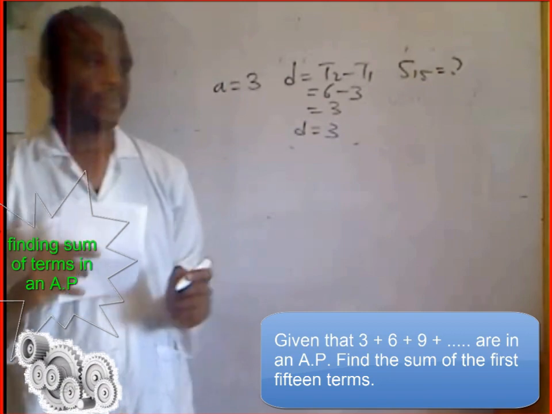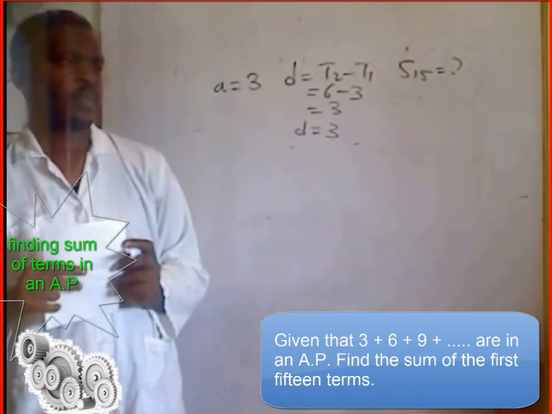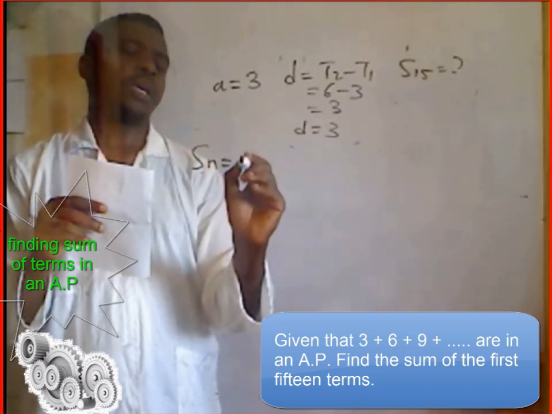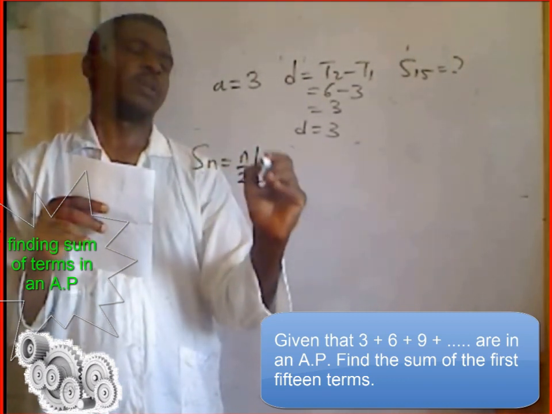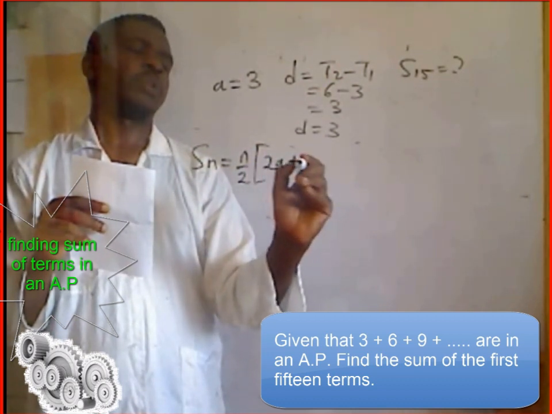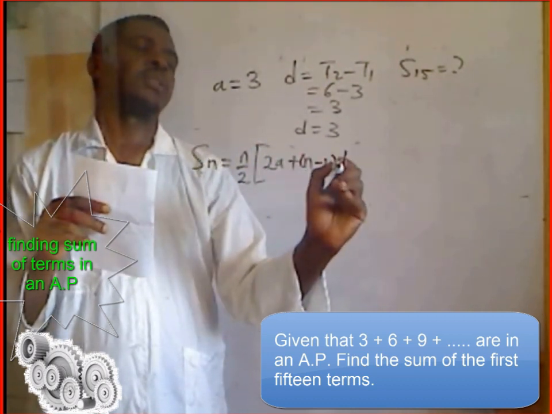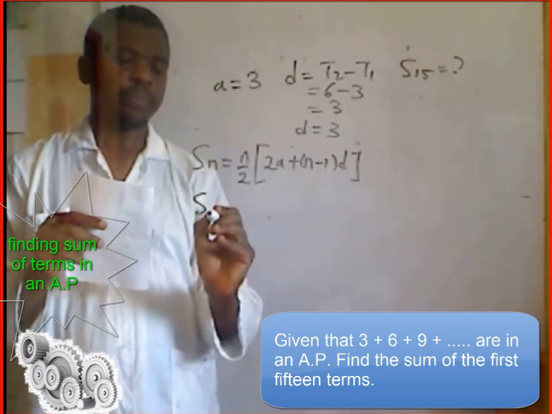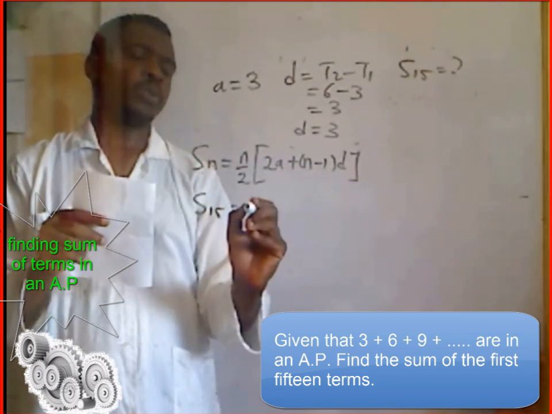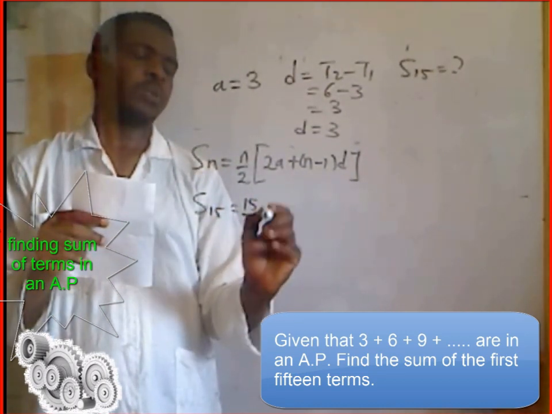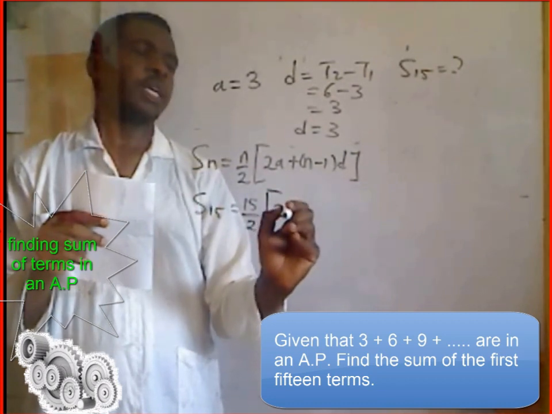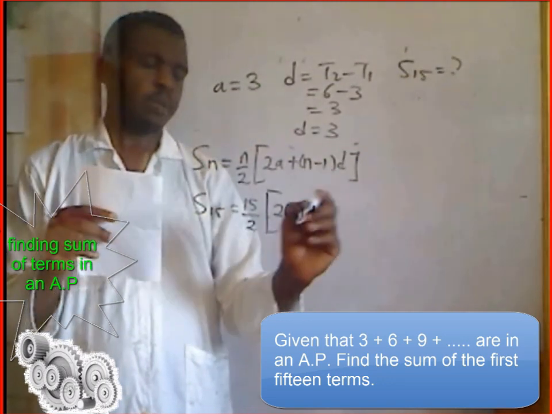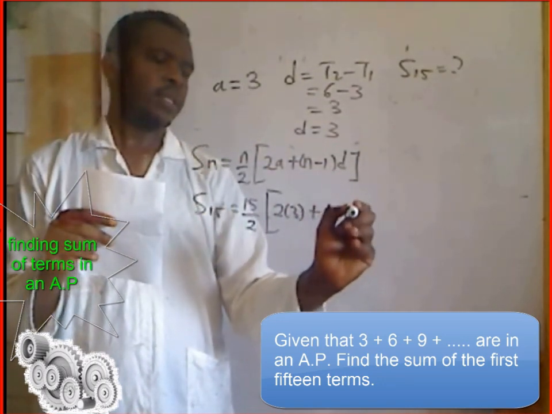Let me start by restating the formula. Sum of the first n terms will give us n all over 2 factor of 2a plus n minus 1 d. Here we are asked to look for S15. So this will be equal to 15 all over 2 factor of 2a, our a there is 3, plus n minus 1, which is 14, times d, 3.